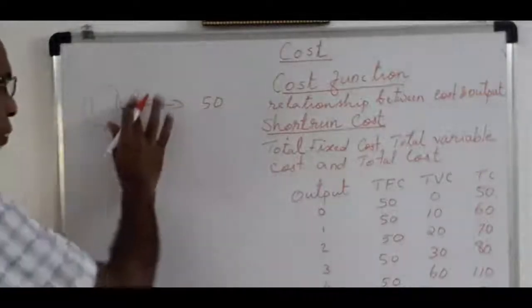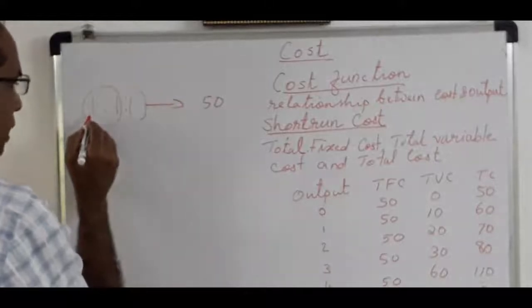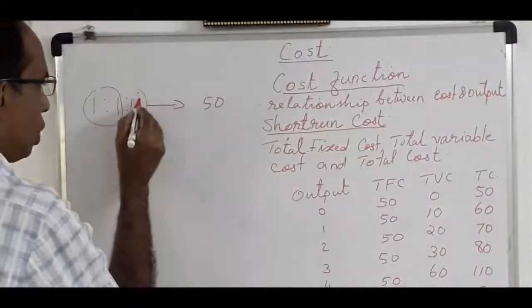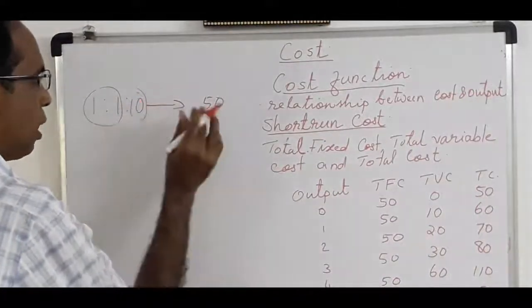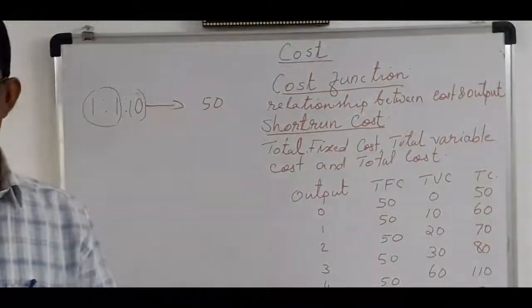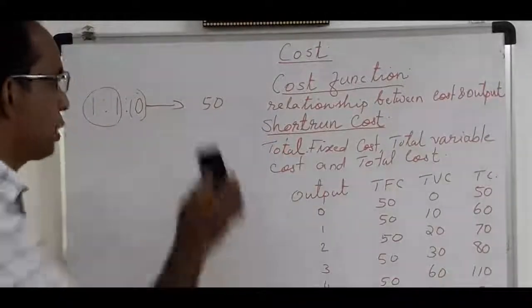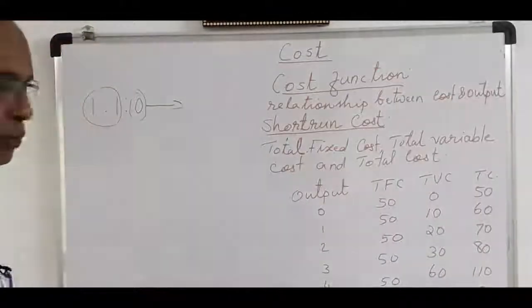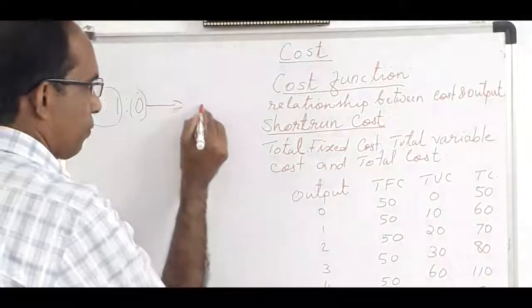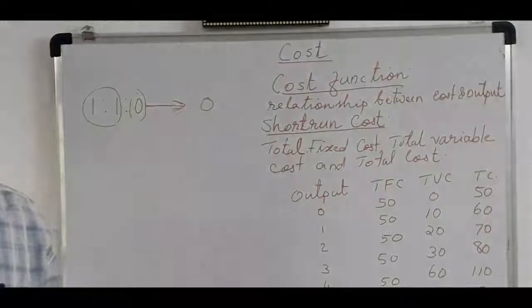Suppose a producer uses 1 land, capital and 0 raw material for producing outputs. Can he produce any output with 0 raw material? Output would be 0, because he is not using any secondary inputs, right?